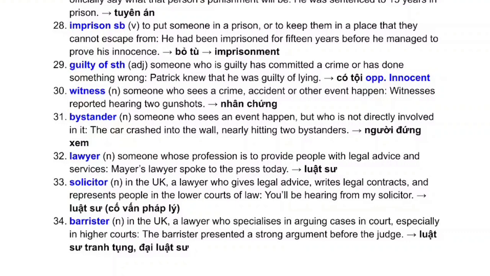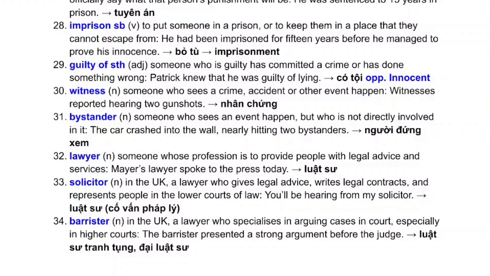Example: the car crashed into the wall, nearly hitting 2 bystanders. So, sự khác biệt giữa witness là cái người mà chứng kiến, còn bystander là cái người mà cũng ở gần gần đó nhưng mà nó không có liên quan tới cái vụ việc đó.